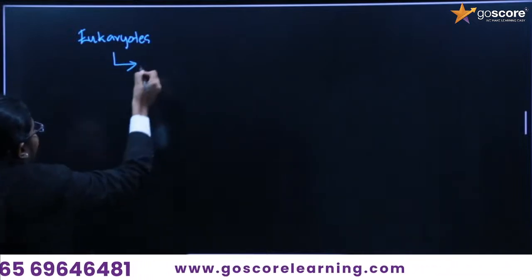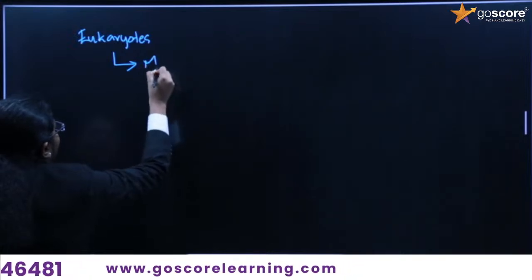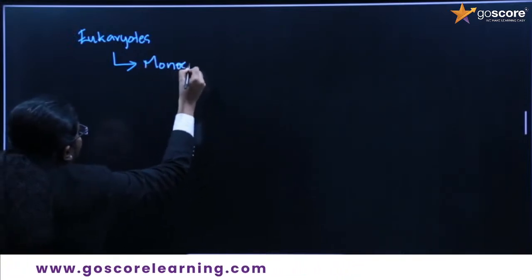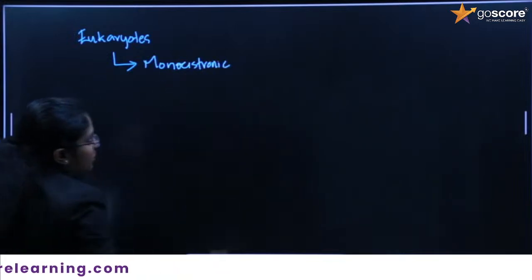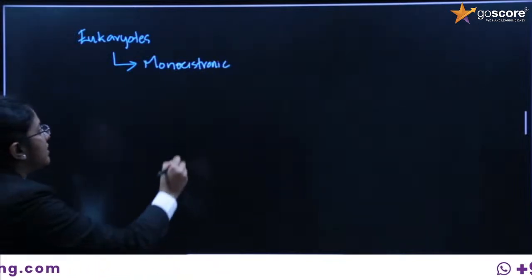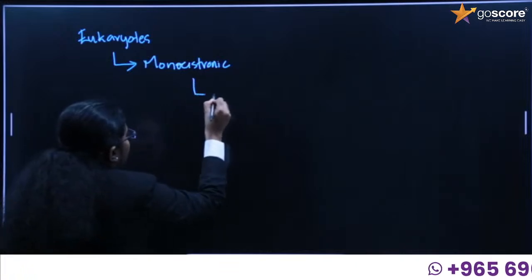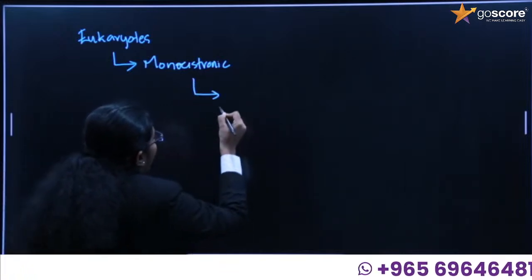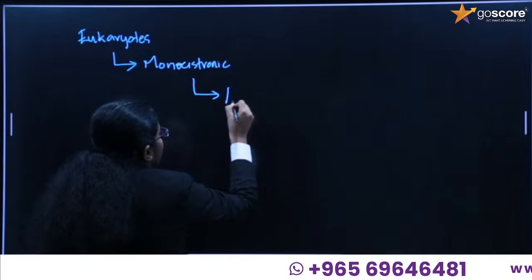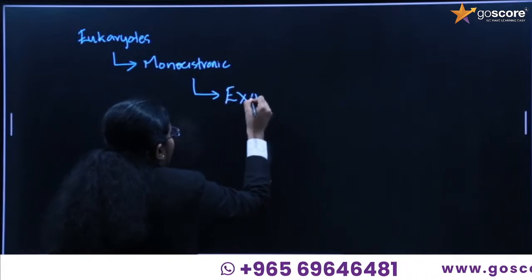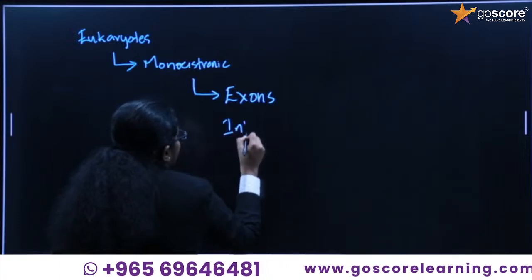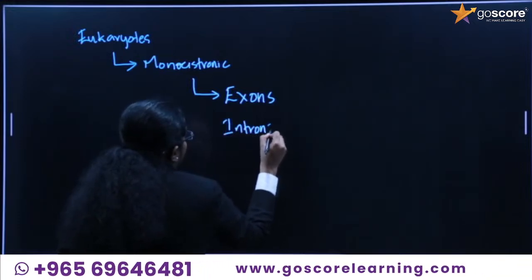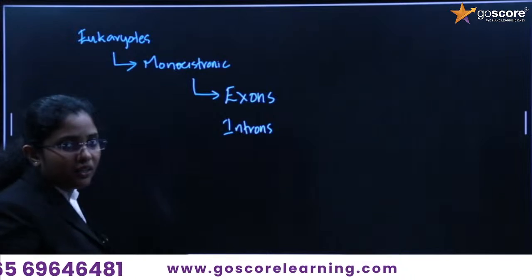They are monocistronic, in the sense that they have split genes. And what do they possess? They possess exons and introns.